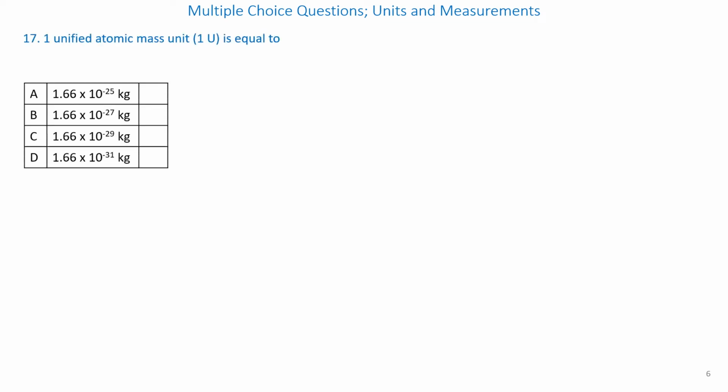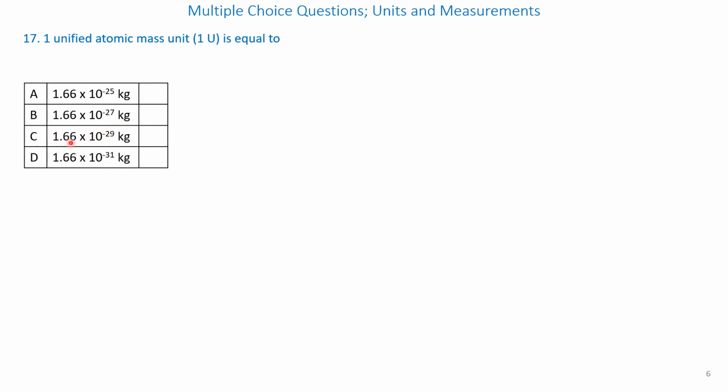Next question. Question number 17. One unified atomic mass unit, that is 1U, is equal to, four options are given. Option A, 1.66 into 10 to the power of minus 25 kg. Option B, 1.66 into 10 to the power of minus 27 kg.